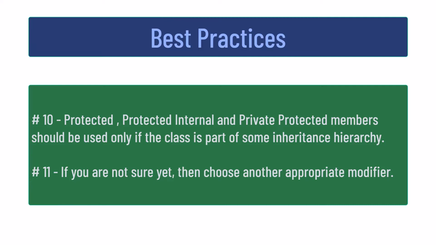When you are writing the code, at that moment, if you are sure that a particular field or property will be required to be accessed from the derived type, then you should mark that field or property or method as protected. If you are not sure, then it is better to use another access modifier. And the other access modifier in that case would be either private or internal, depending on whether you want to allow other classes to access that piece of code or not.